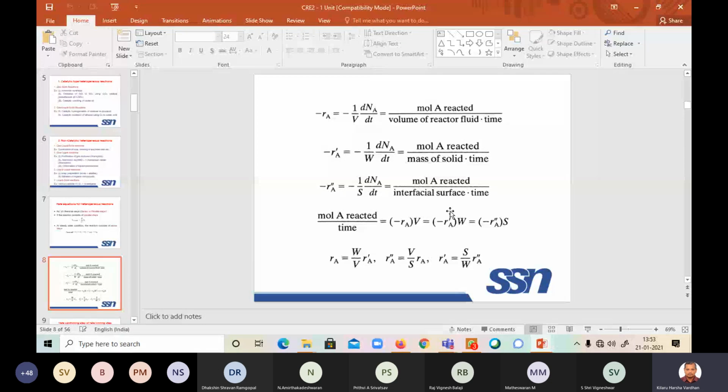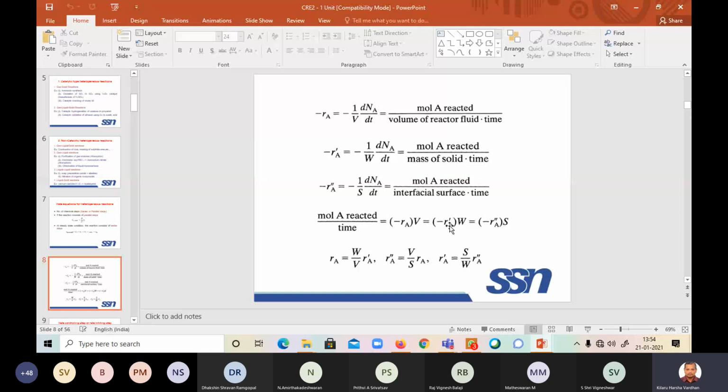This we discussed in the last class itself, in CRE1, right? This is one important thing. Here, what we call in CRE1 is RA, RA dash, and RA double dash. We call this RA double dash, triple dash, or something dash, nothing but the observed rate. Observed rate or global rate, whereas this you call the normal rate, right?